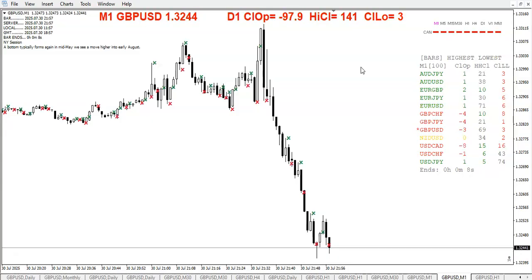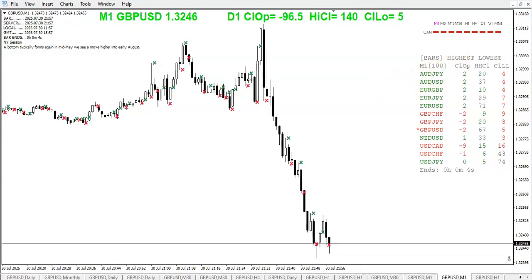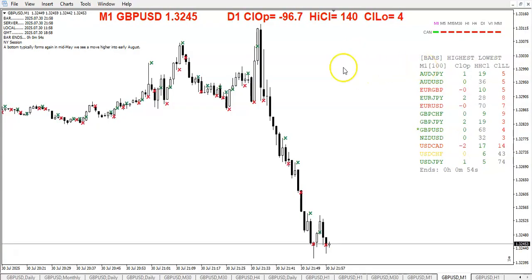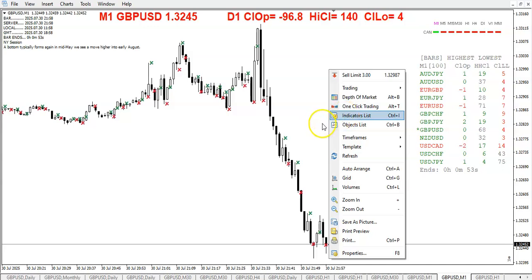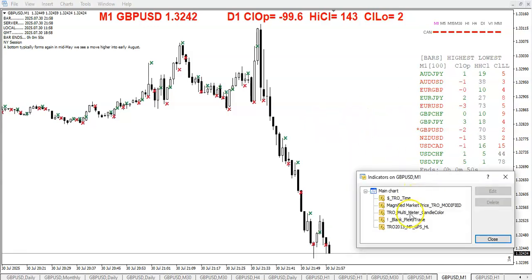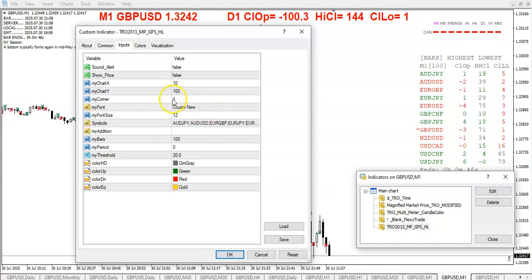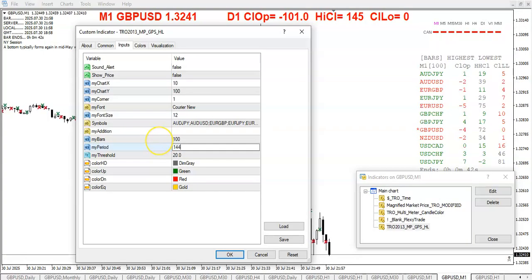So I hope I've answered the questions. Once again, this indicator, the TRO 2013 MPGPS high-low, is set to M1, which is current on that one. My period, you can tell I haven't updated this because I don't have the drop down.